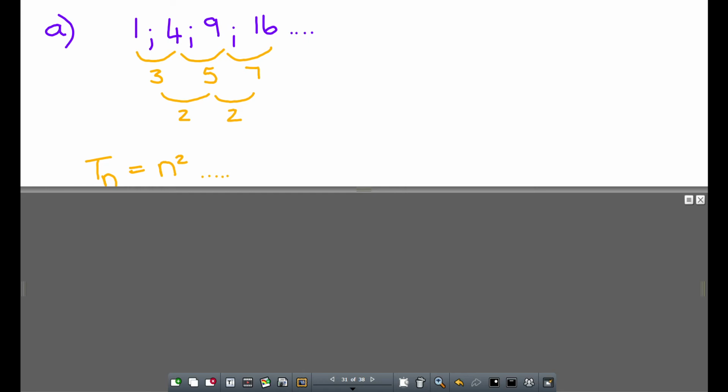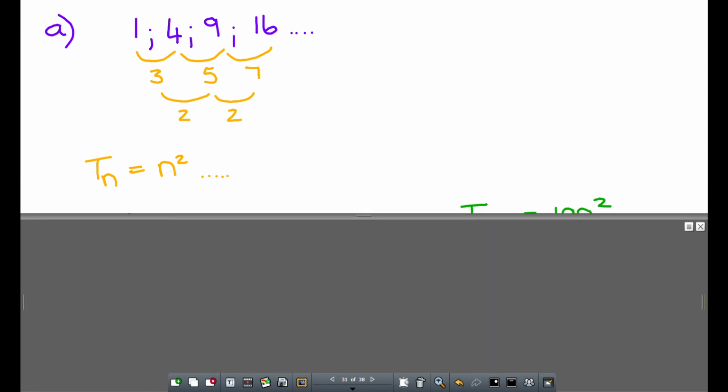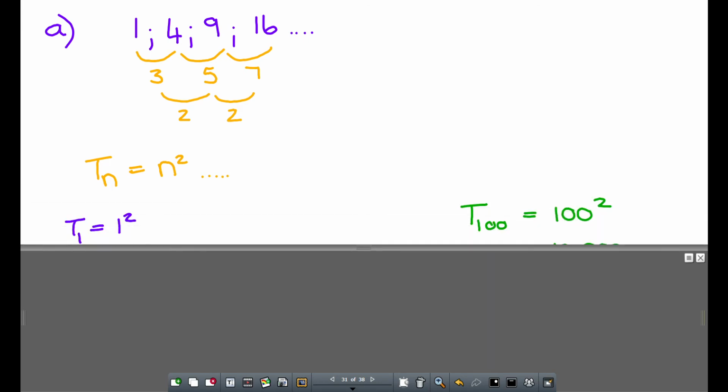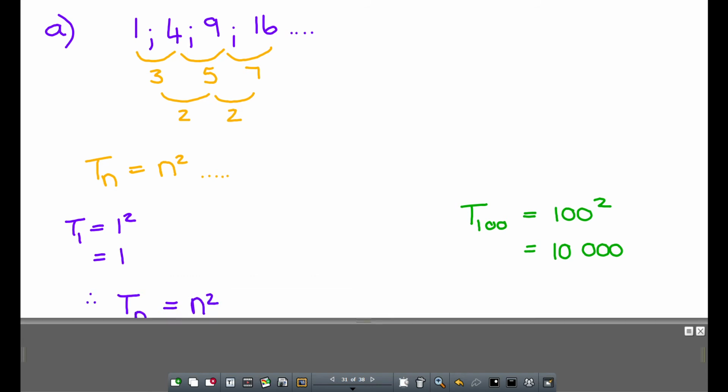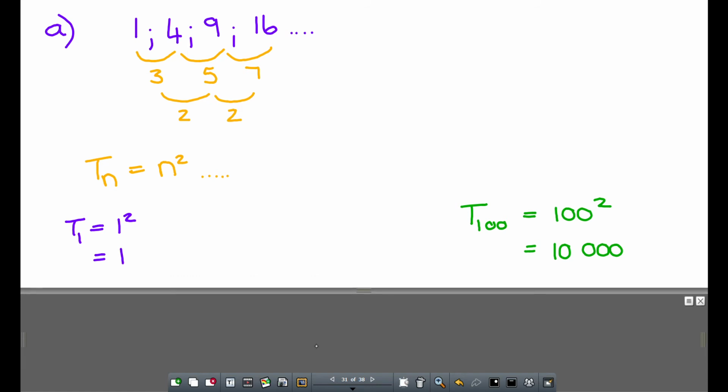Right, so then we say term n is equal to n squared. But I've got to go and test. Look at the left-hand side first. Term 1 will then be 1 squared, and that gives me 1. And what is term 1? If you look over here, it is 1. So I didn't have to go and add anything. If you wanted, you could have tested a second one.